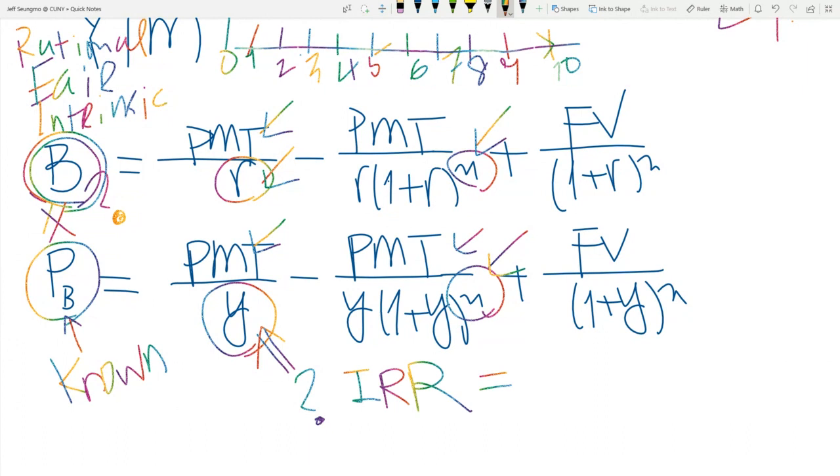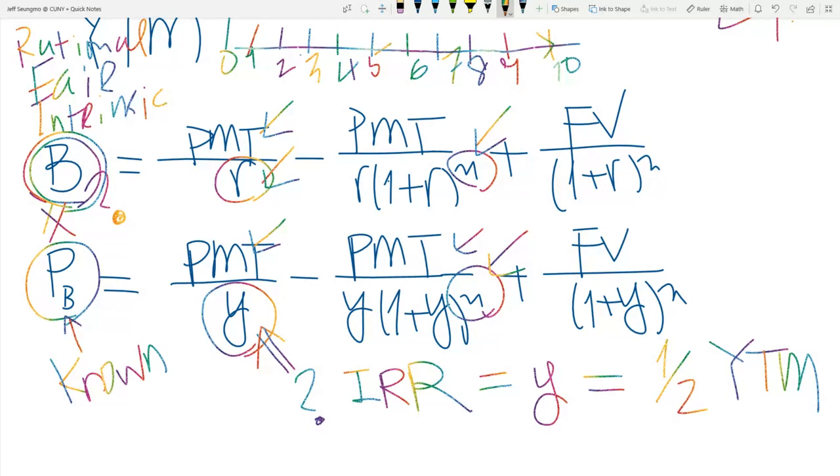Of course, it's lowercase y, because it's half yield to maturity. Because yield to maturity is annual return, right? Annualized return.